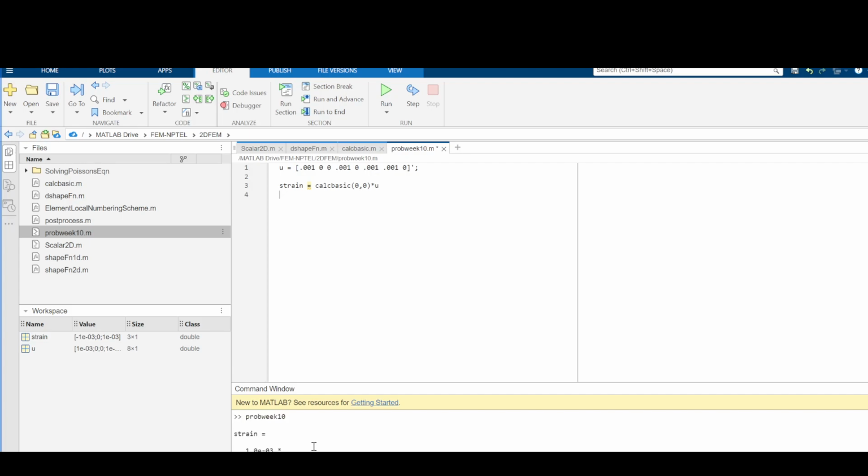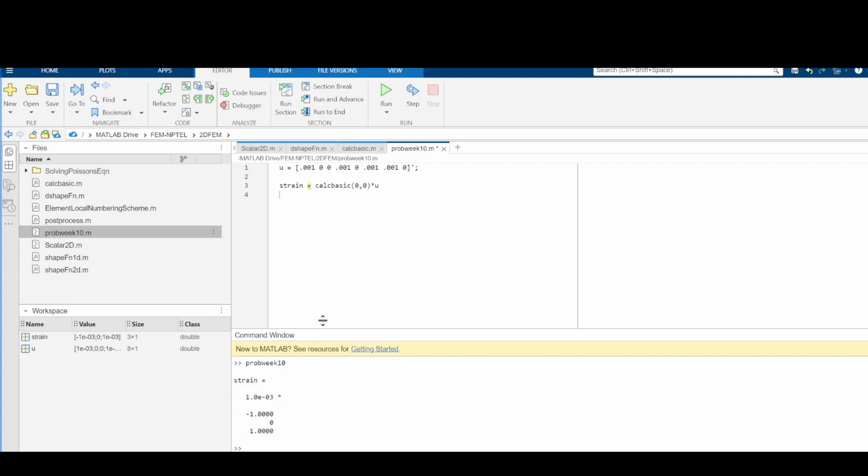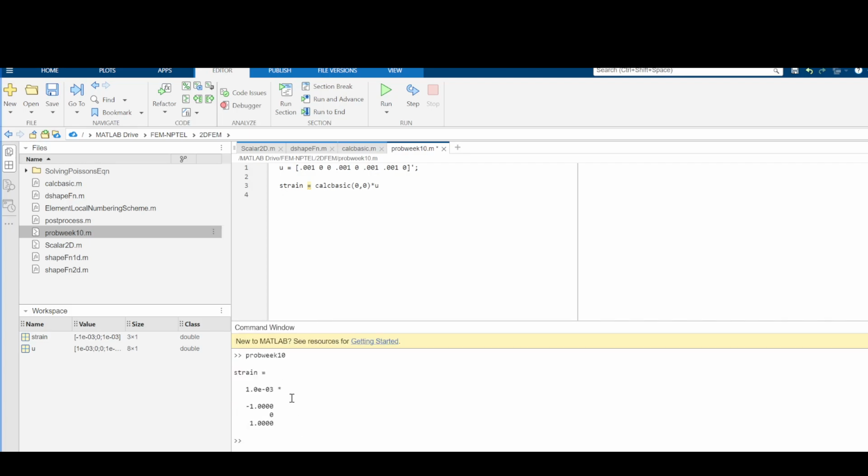So this is our strain, a 3 cross 1 vector. Okay, so setting up is a difficult task, but once we are done, finding strain was just one enter key. Then we have the next problem.